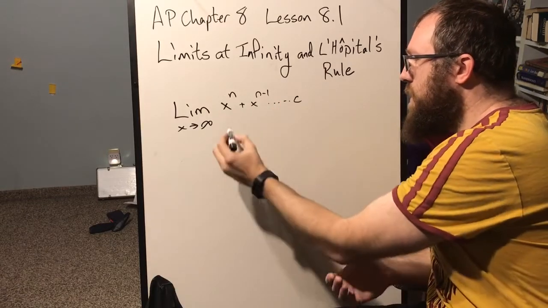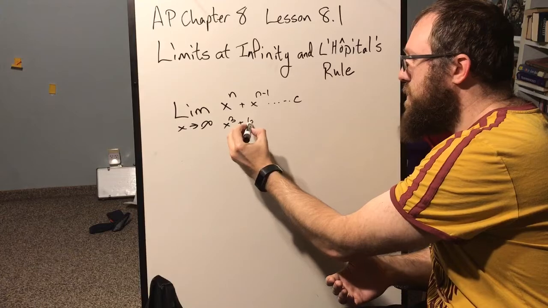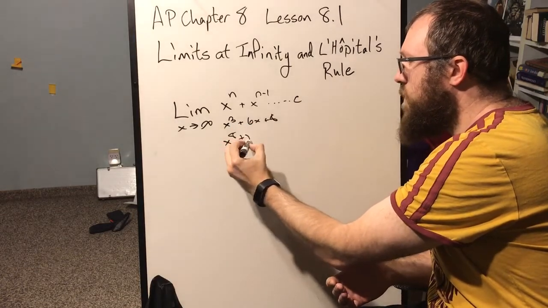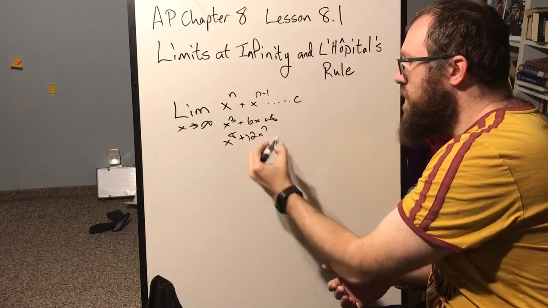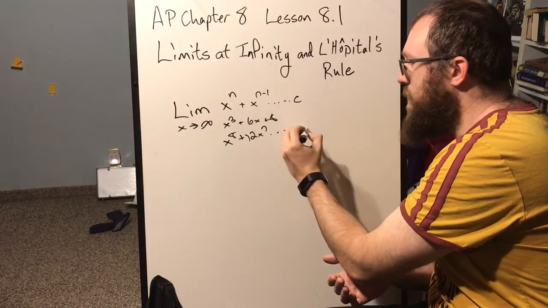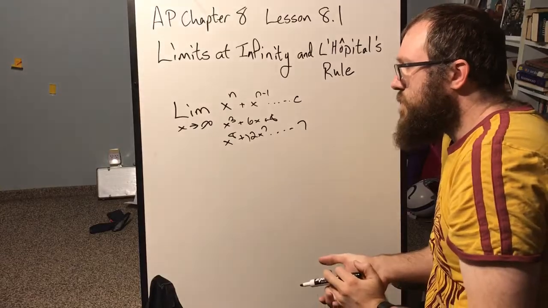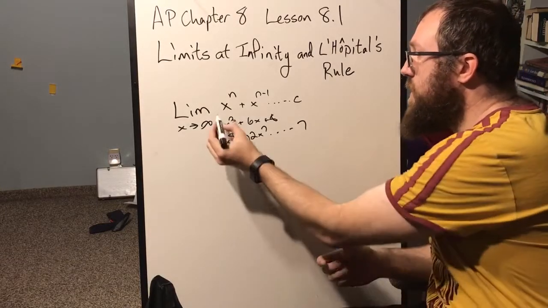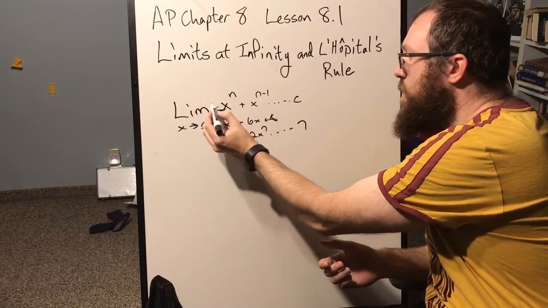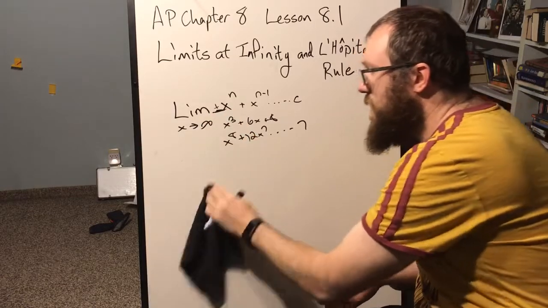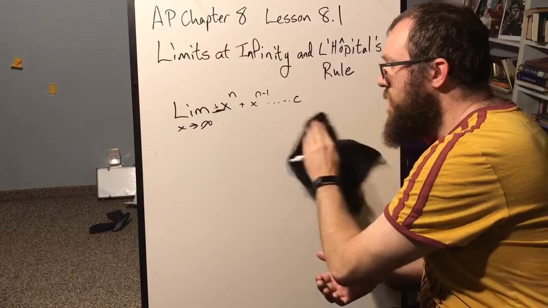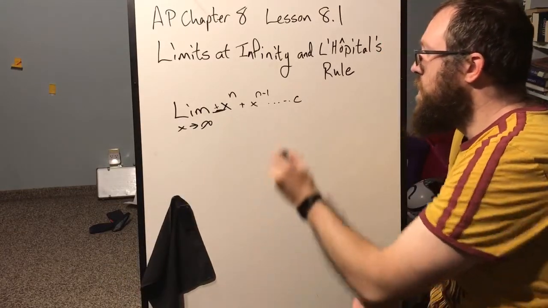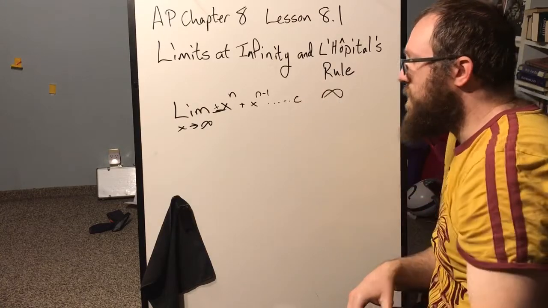This could be x cubed plus 6x plus 8, or it could be x to the 8th plus 12x to the 7th, etc., all the way down to maybe 7. It doesn't matter what the polynomial is. The key is that this first value is positive. If your leading coefficient is positive and you have some sort of polynomial, that limit is infinity.